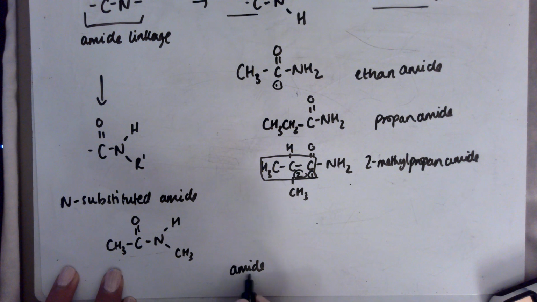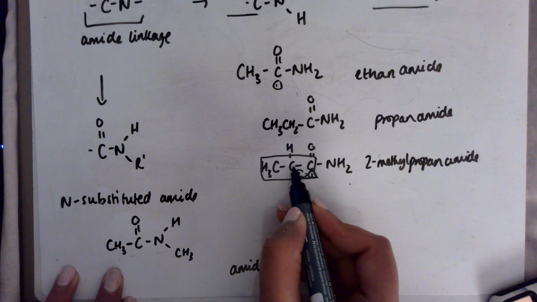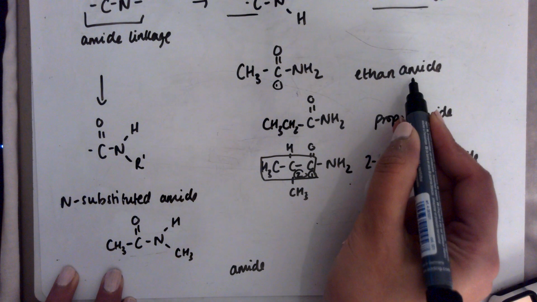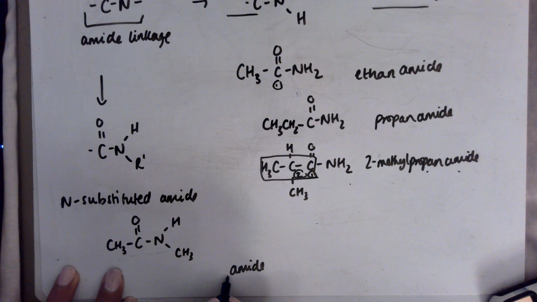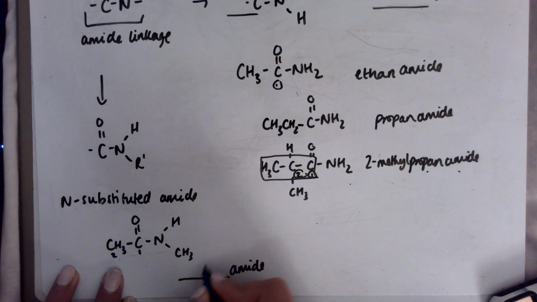When we were naming our amides previously, we looked at our longest carbon chain from our C double bond O to identify propanamide or ethanamide. I can still do the same thing for this part directly before it. So 1, 2, I have an ethanamide, one word.